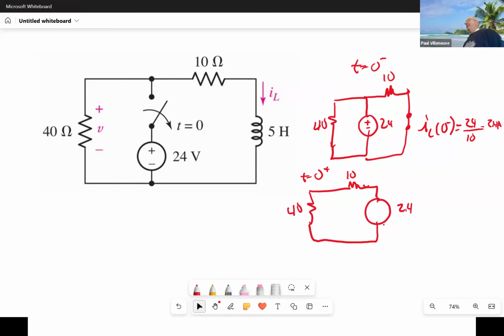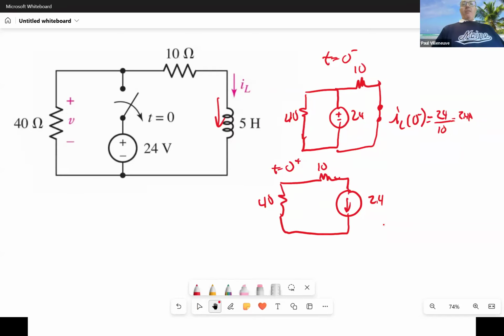Is it arrow pointing up or arrow pointing down? Right, because that's what I need to know with a current source, is the current going up or is the current going down? So which one is it? Down. Because it was down when it was steady state, isn't it? At the zero minus one.